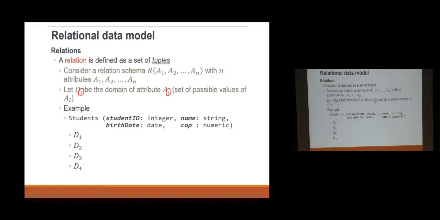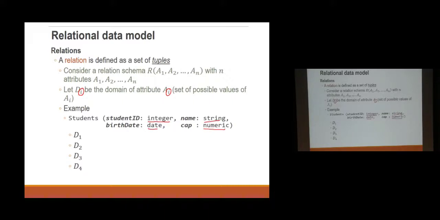The attribute number i will have a domain di. That's how we specify which of these attributes have what domains. For this one, it's also quite easy. What you have to look at is the second half of the attributes. This is how we specify the domain.